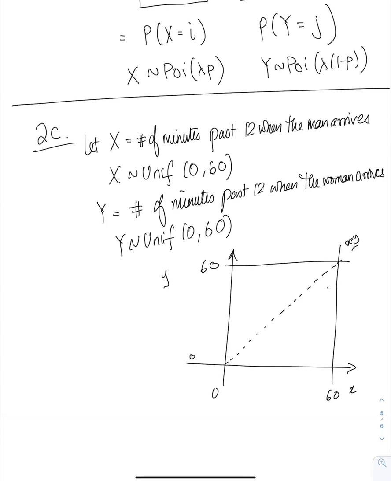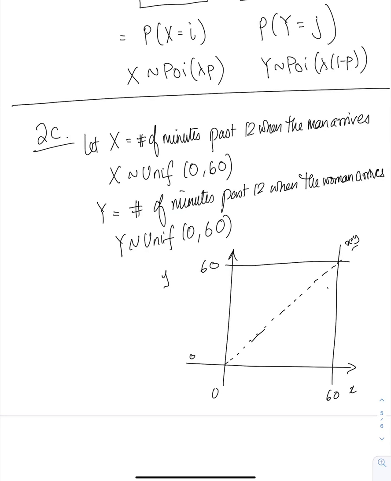So in this bottom triangle, what do you have? X is bigger than Y. So in the bottom triangle, you have that the man arrives after the woman. Over here, they both arrive on that dotted line. They both arrive at the same time. That has probability 0 because it's just a one-dimensional line, but still. So that is x equals y.